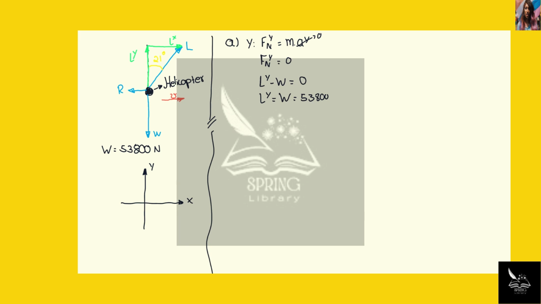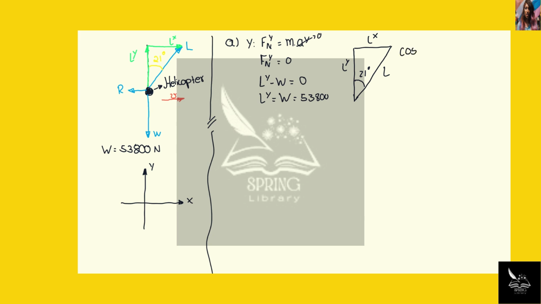Now, what is the relation between the y component of the lift force and the magnitude of the full lift force? Note that we have a right triangle using our components. This, the hypotenuse, is the full lift force, this is the x component, and this is the y component of that force. And this angle is 21 degrees. By calculating the cosine of this angle, we can get our relation.